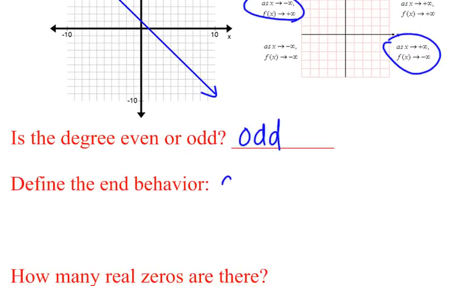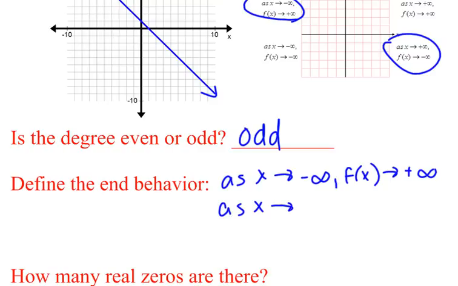I would say as x approaches negative infinity, f of x approaches positive infinity. And as x approaches positive infinity, f of x approaches negative infinity. And again, you wouldn't have to put the plus signs there if you don't want to. And then how many times does this graph cross the x-axis for real zeros? That's 1 time, so I have 1 real zero.